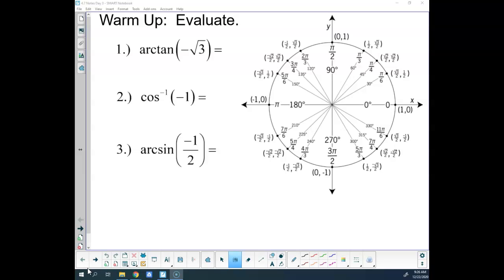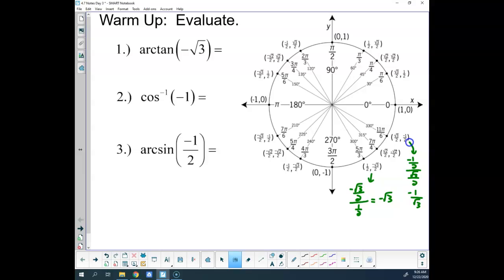The tangent at this one would be -1/2 divided by √3/2, so that would be -1 over √3. That is not the negative square root of 3, so it's not there. The one here would be -√3/2 divided by 1/2, and that would give me negative square root of 3.